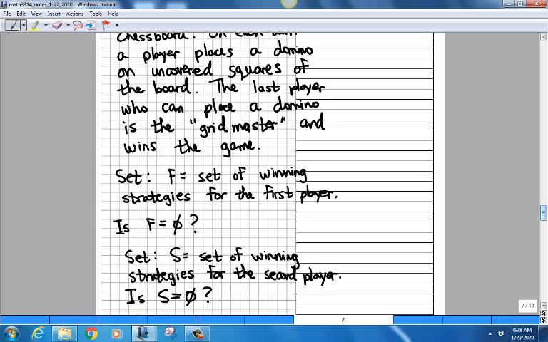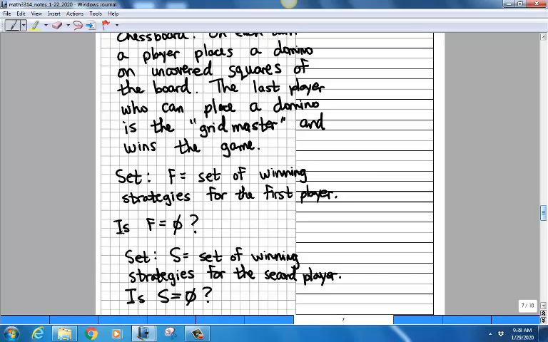This is Poison Cookie. Poison Cookie is played on a 6x6 grid, so this is a grid game. And we imagine that in the bottom left-hand corner of the grid, there's a cookie that's been placed there, but it's poison.